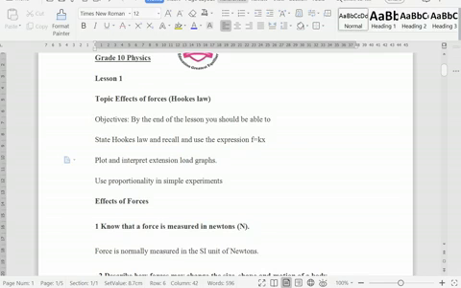So when we are looking at these effects of forces, I was looking at your living physics, where we were supposed also to look at forces in everyday life.